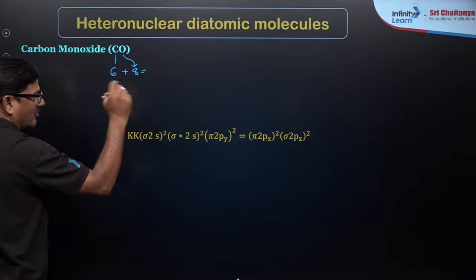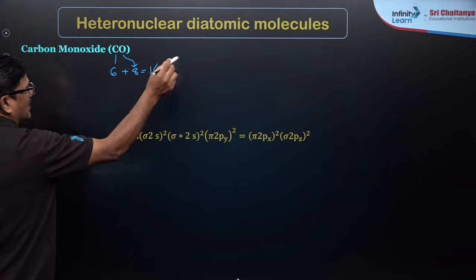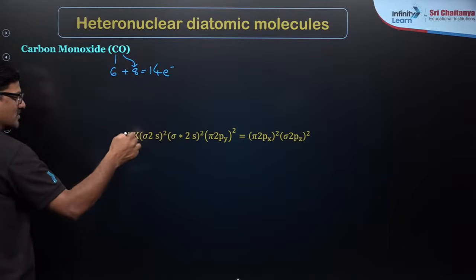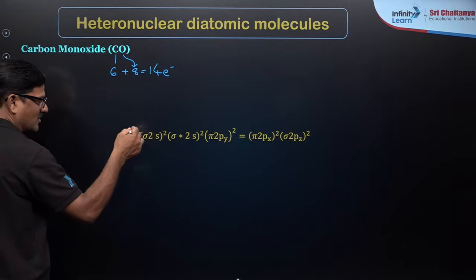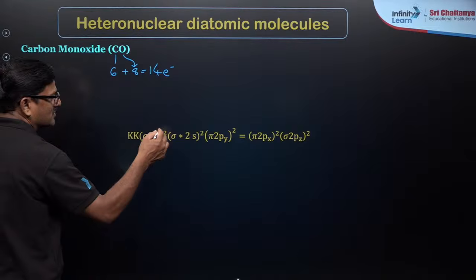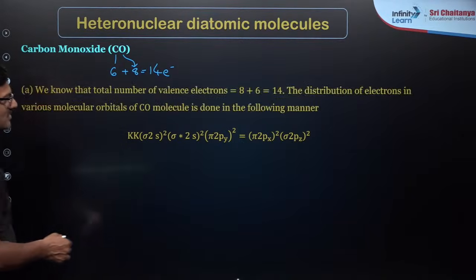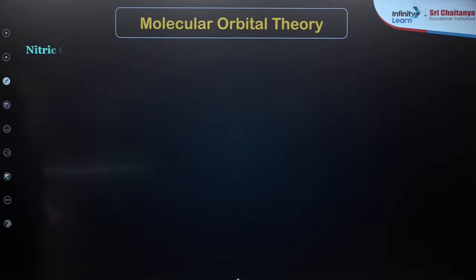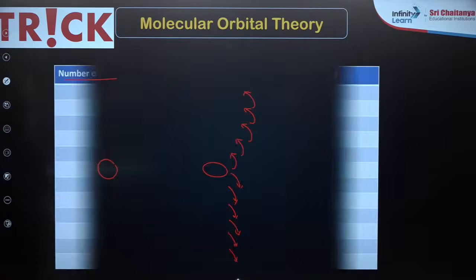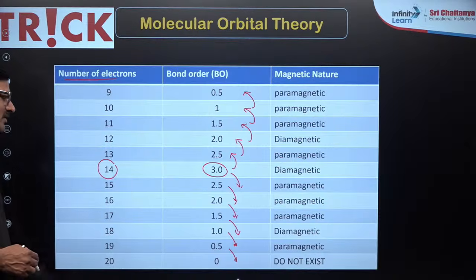It is going to be 14 electrons. It can be written as sigma 1s, sigma star 1s, sigma 2s2, sigma star 2s2, pi 2px. It goes like this, but you can directly do it by using these 14 electrons.